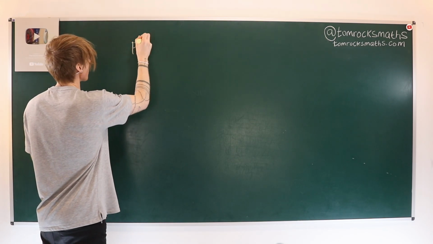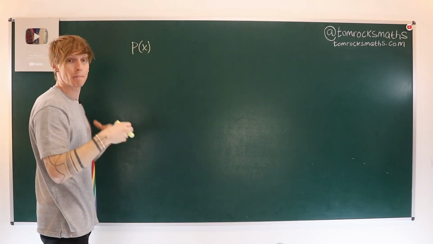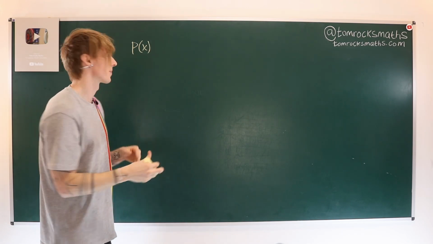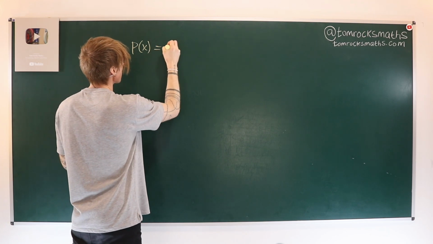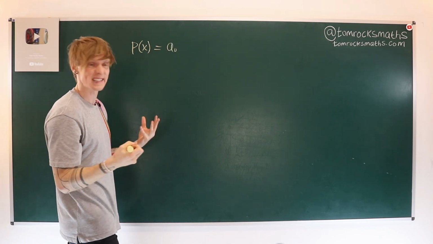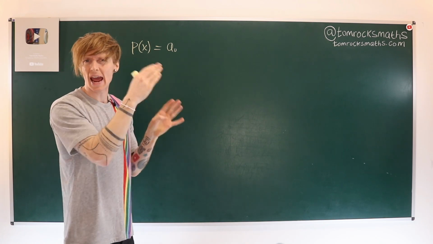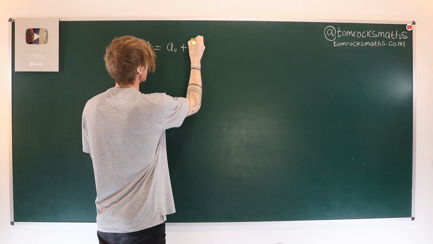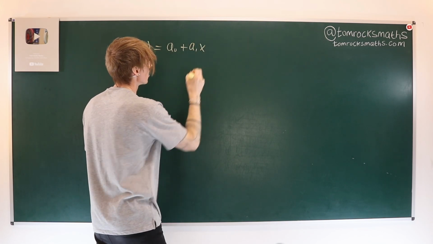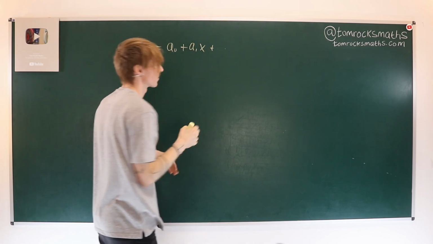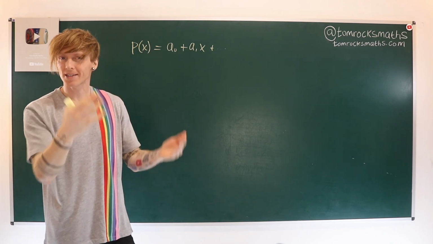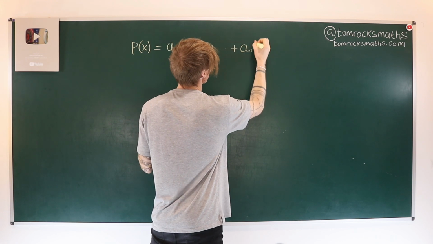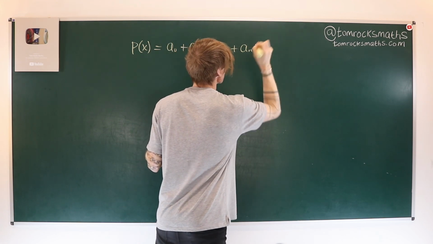A polynomial p of x in our vector space, up to maximum degree n, would have to consist of a constant term, let's call it a0, where the 0 represents x to the power 0, which is of course 1, plus a1 times x to the power 1, plus a2 x squared, and then we'd have to stop at the maximum possible power of x, which would be an lots of x to the power n.